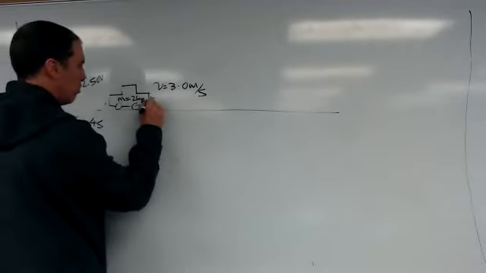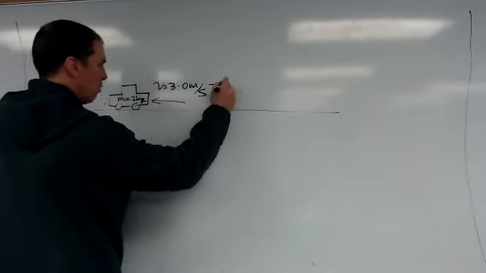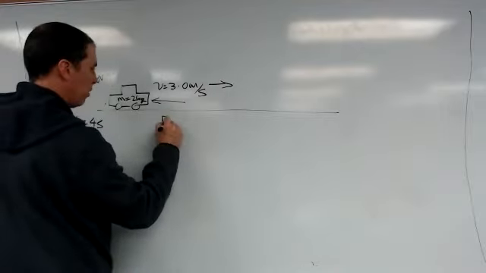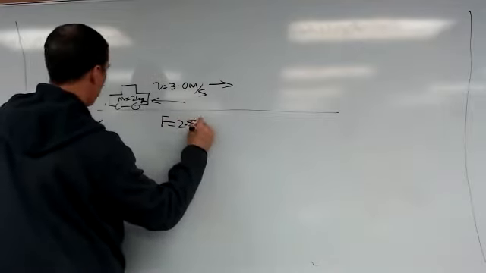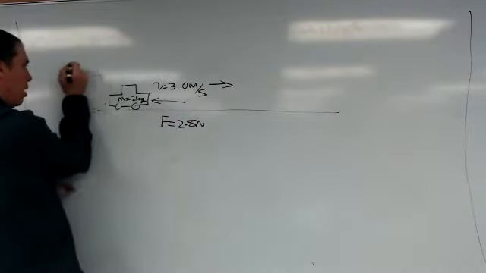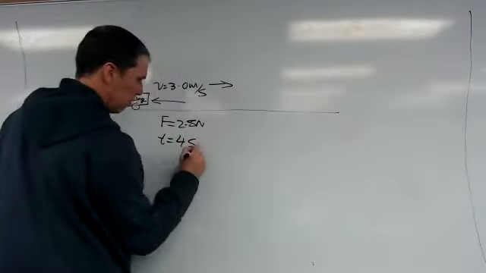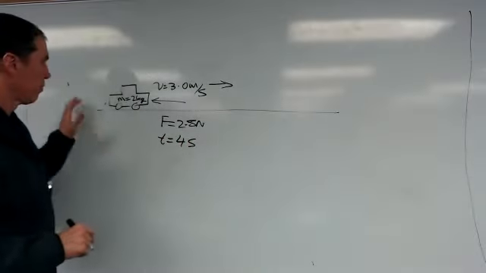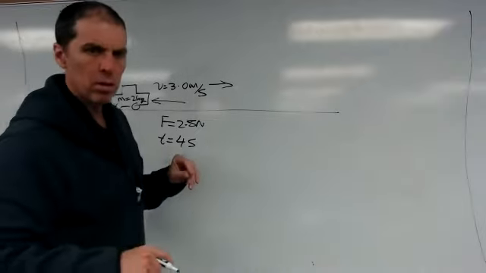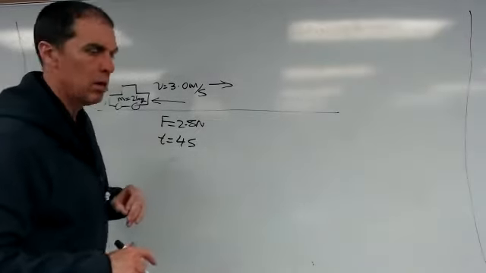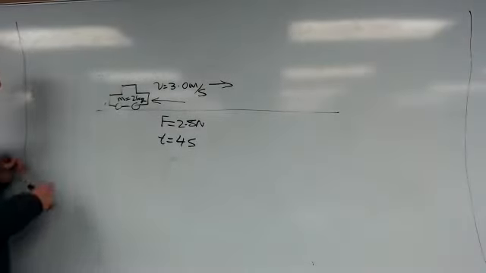So I'm going to say it this way: the velocity is that way. F equals 2.5 newtons, but it's that way. And the time is equal to 4 seconds. And what's the question? What is the change in momentum?